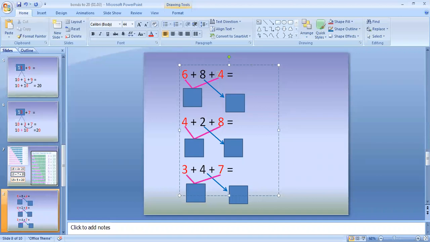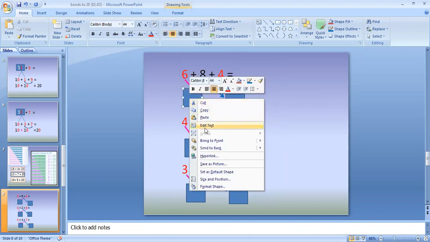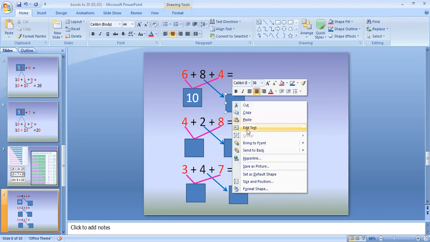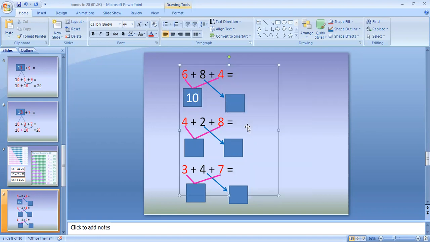6 plus 4 is 10. 6 and 4. 6 plus 4 is 10. Yes, good. 6 plus 4 is equal to 10. So straight away we can write the answer here. It is 10 and we will take this 8 here. Now we know the answer. 10 plus 8. What is the answer?